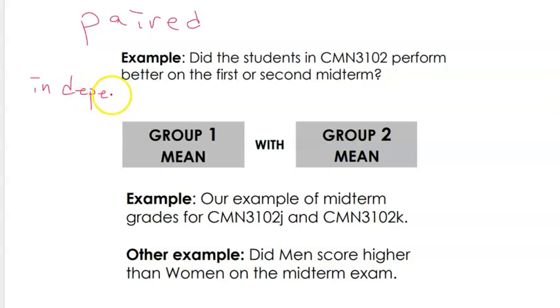So you should be very careful when you choose among the t-tests. When the groups are different, it is independent. When the group is the same, just at a different time, that is a paired t-test. This is a kind of tricky thing, and many students can be confused.